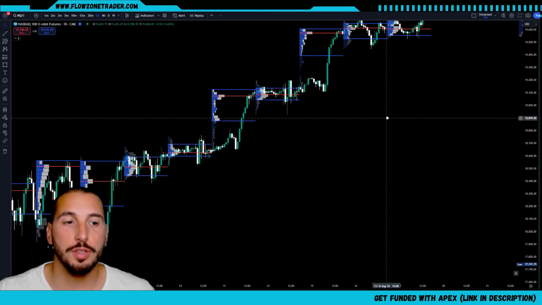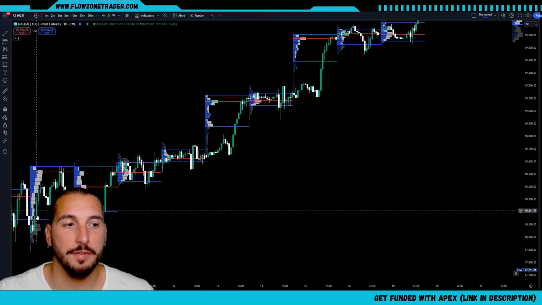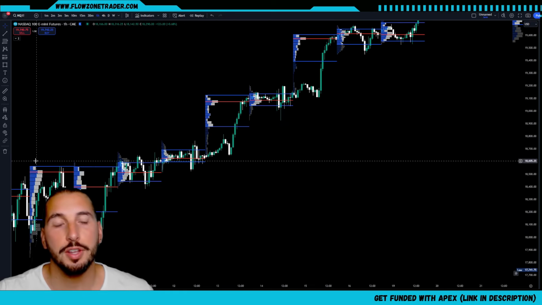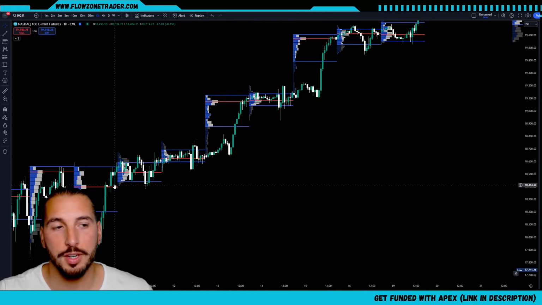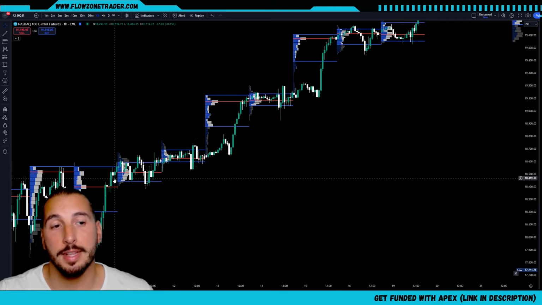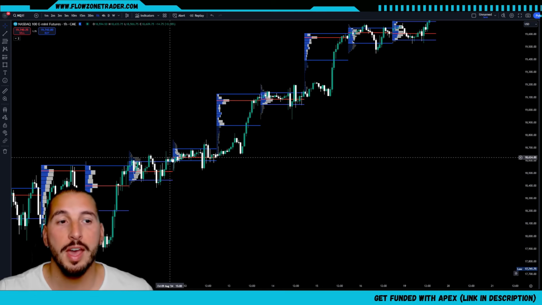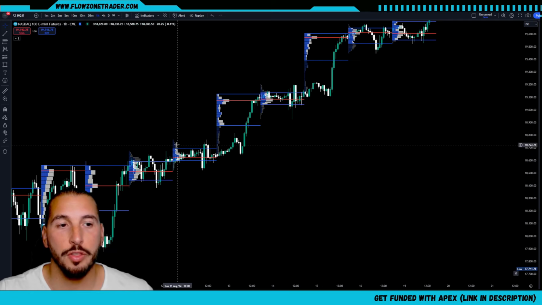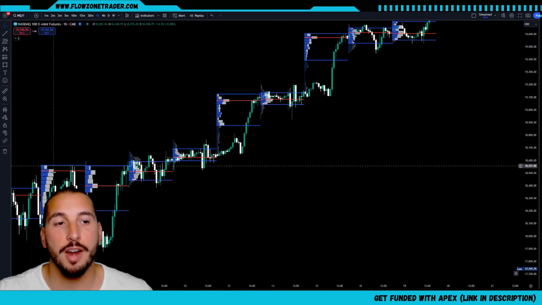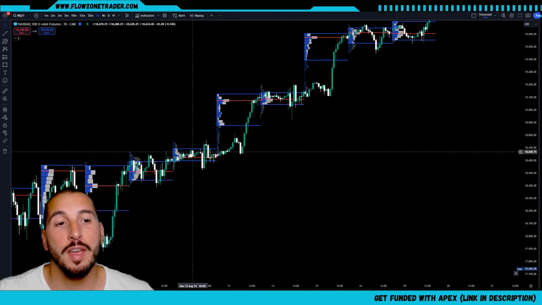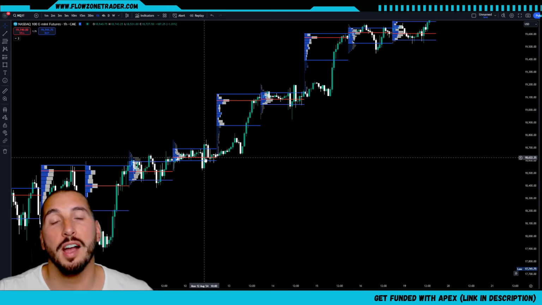So when we come to the charts, we can see here we have a large area of consolidation. We have a large value area. The next day we traded inside this large value area. The next day we traded inside this large value area. And on this day here, on the Monday, we finally traded outside of this previous area of value, signifying that buyers are starting to take control at the highs.